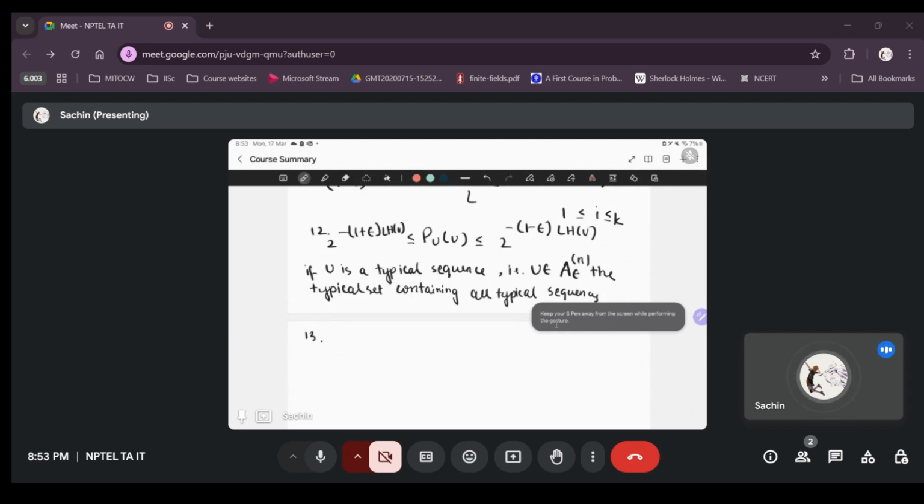You can also show that 1 minus P of F, where P of F is the probability that a sequence is not a typical sequence, is greater than 1 minus K over L epsilon square P min.